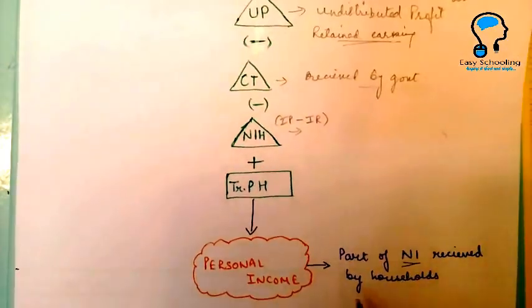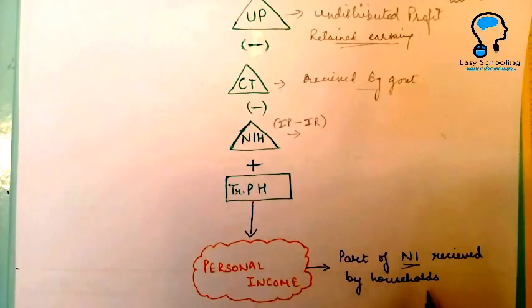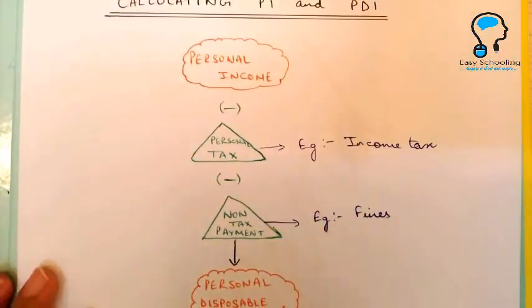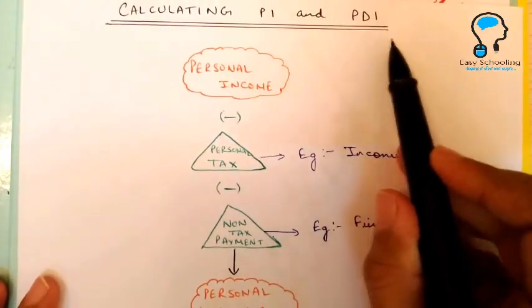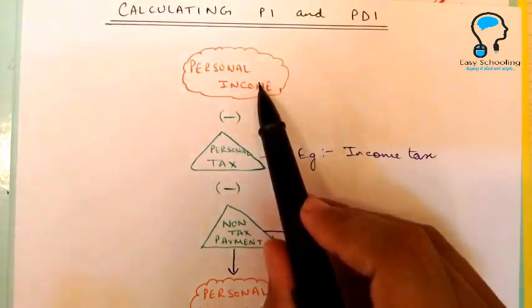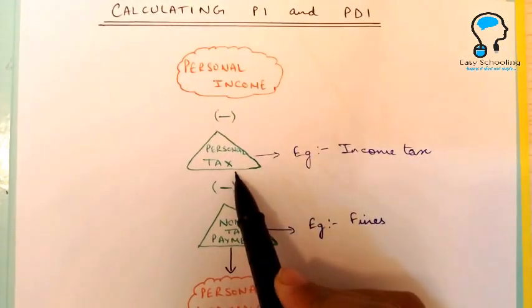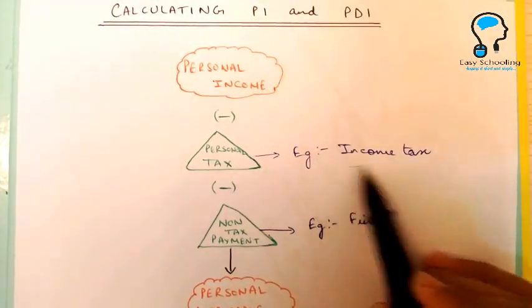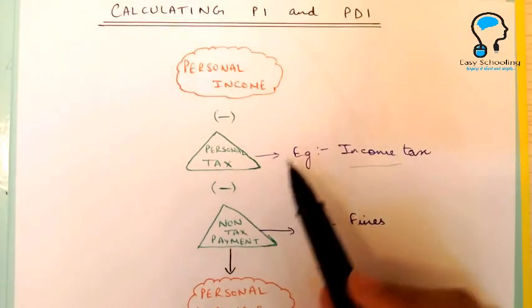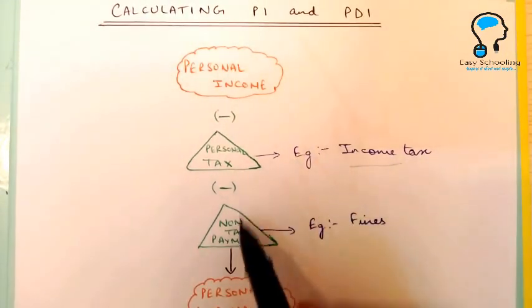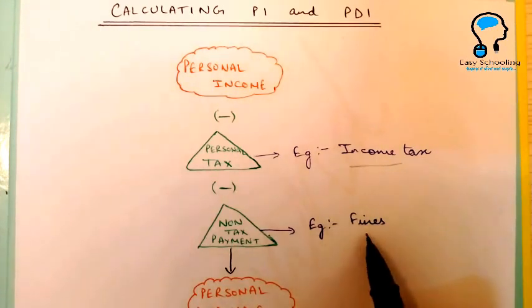Now from this income also they have to make some payments. Okay, so when we deduct those payments from this income, we get personal disposable income. So once we calculate the personal income, from this you have to subtract the personal tax. For example, if any income tax is to be paid by the household, subtract the personal tax from this, or subtract the non-tax payment like fines or something which is to be made to the government.